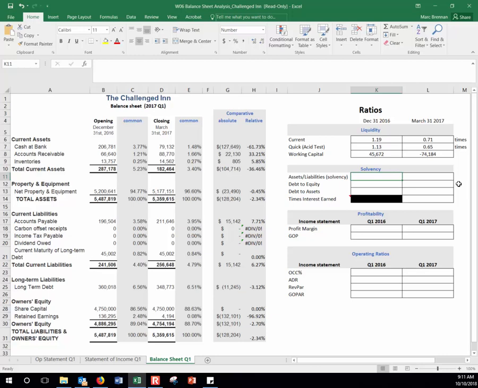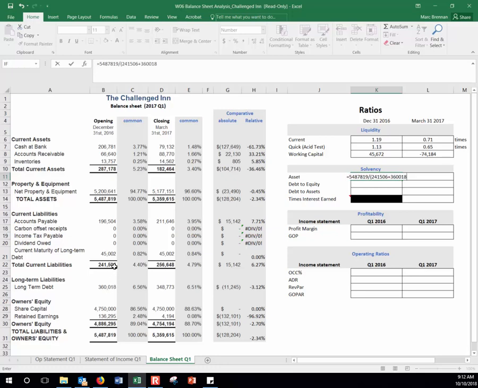Now when we get to solvency, really all we're doing is, instead of current, now we're going to go the entire company. So we're going to go our total assets divided by our total liabilities. In this case we have to add in our current and our long-term together. $241,506 plus our long-term debt.